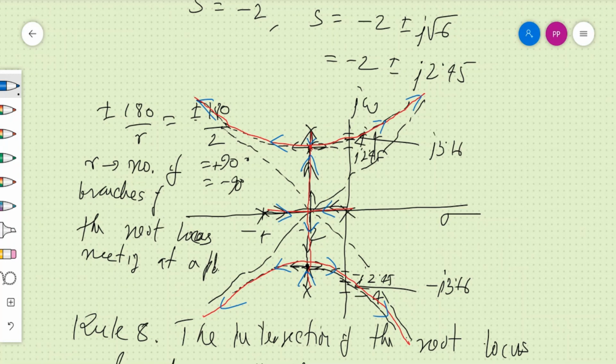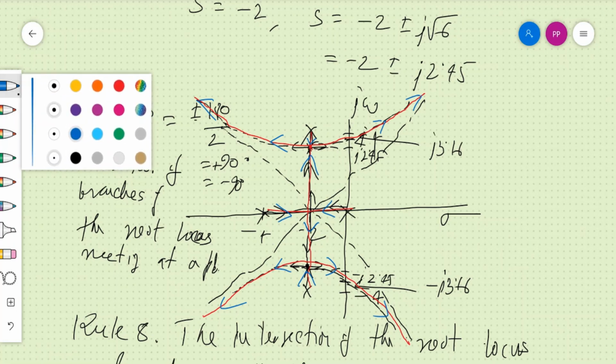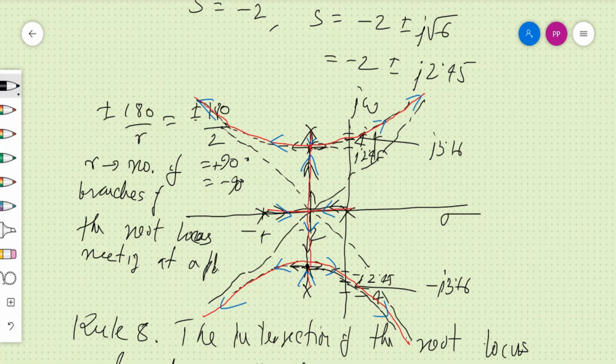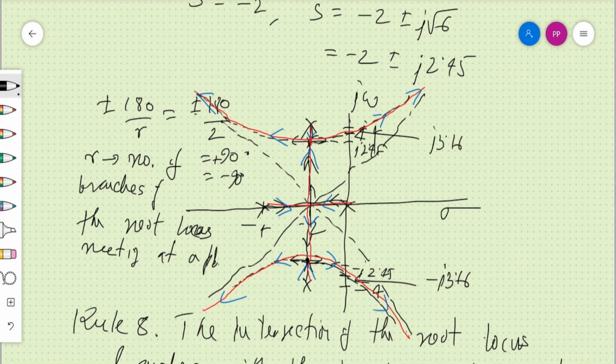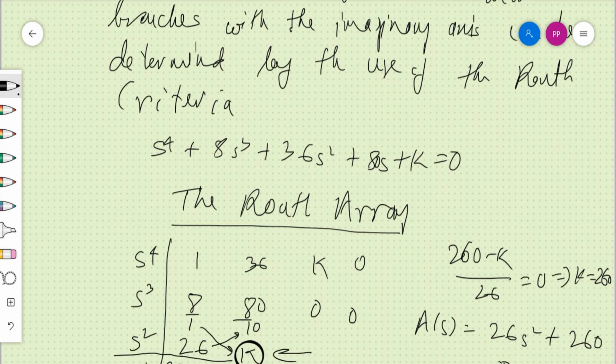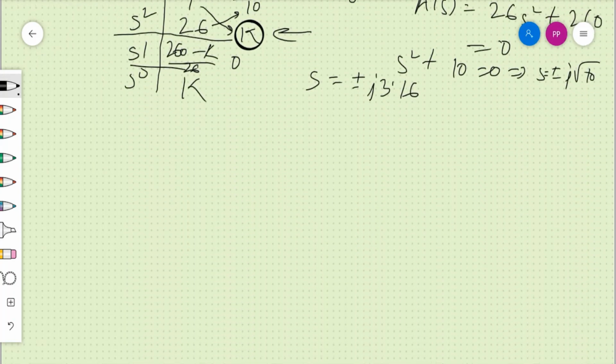And at a given point of the root locus, if you want to calculate the gain, you have to use the formula. That is our next rule, rule 9.